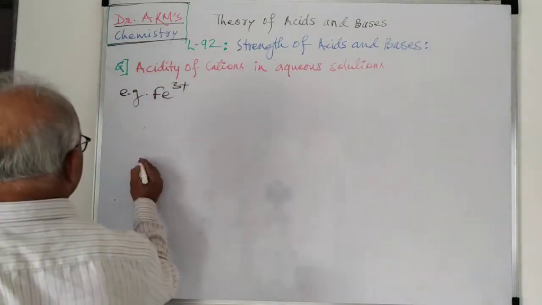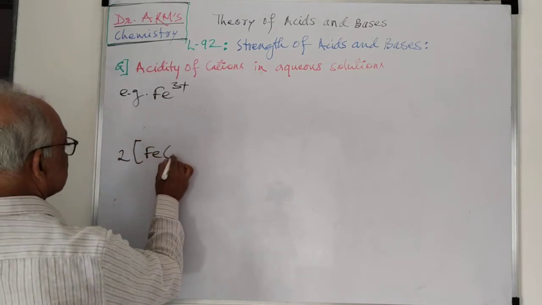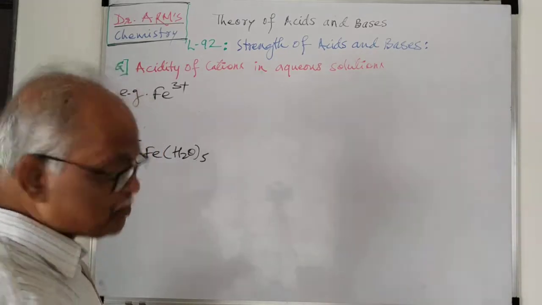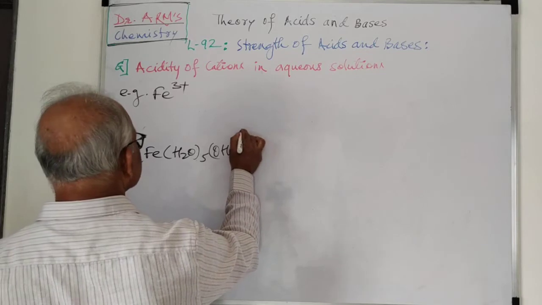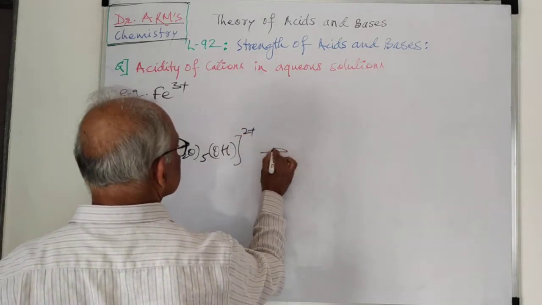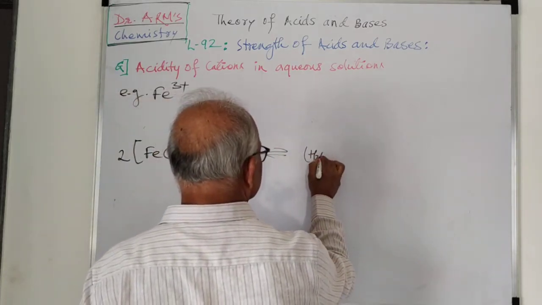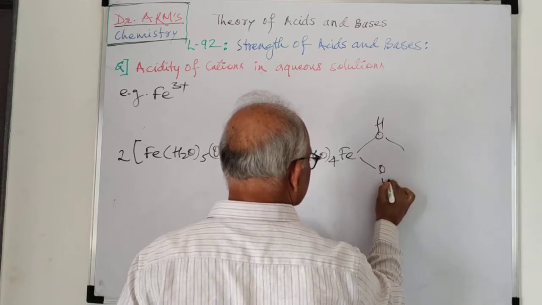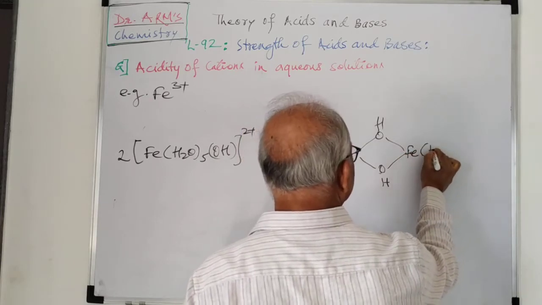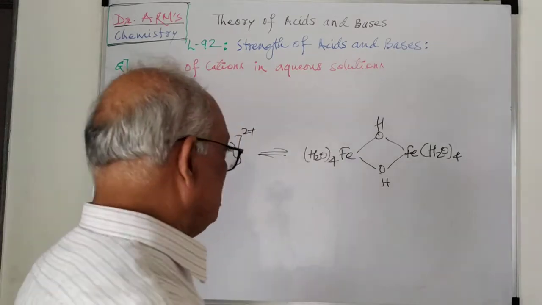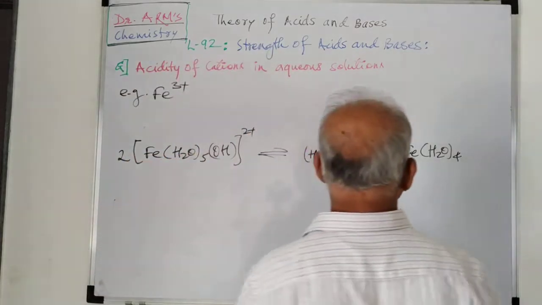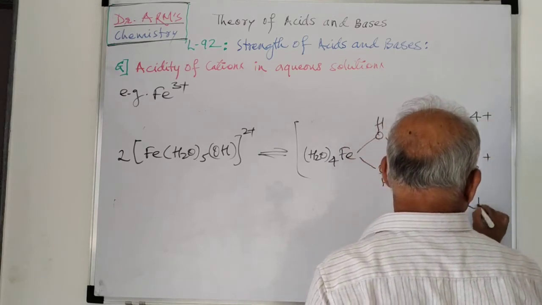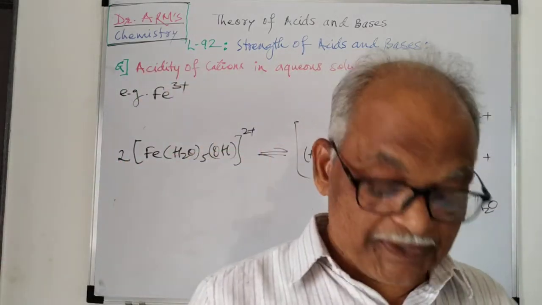We can show the reaction as 2 Fe(H2O)5(OH) 2+ giving the bridged dimer Fe2(H2O)8(OH)2 4+ plus 2 H2O.